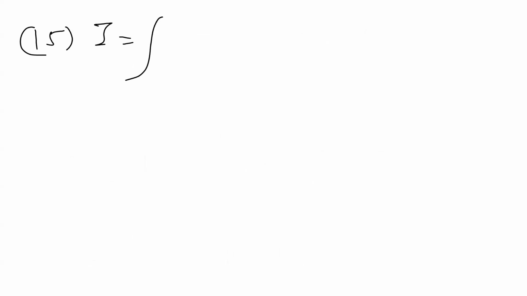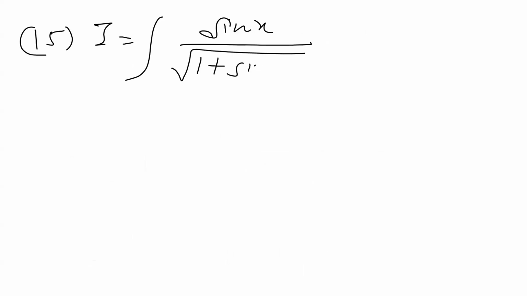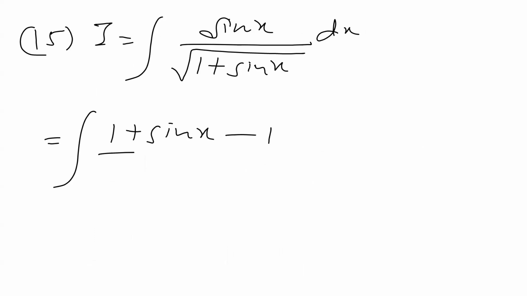Question number 15. Sin x upon root of 1 plus sin x dx. Now the challenge over here is that in the previous problem there was 1 in the numerator, but here it is sin x. So we'll make numerator and denominator the same.